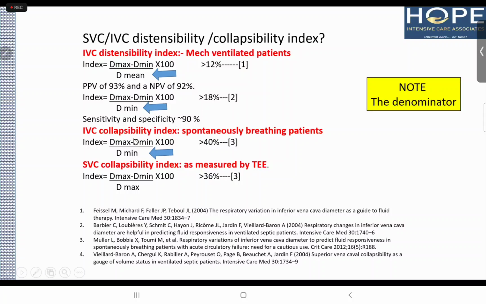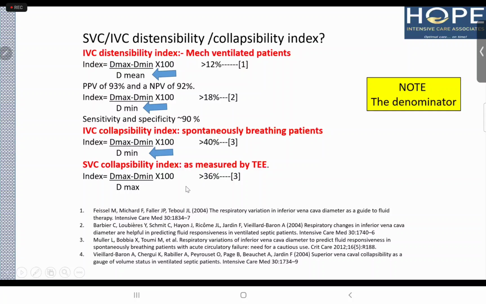While in a spontaneously breathing patient, maximum minus minimum divided by minimum here is collapsibility, where the cutoff is more than 30 to 40%. Say when you take a lesser value, the reliability goes down. Superior vena cava collapsibility.